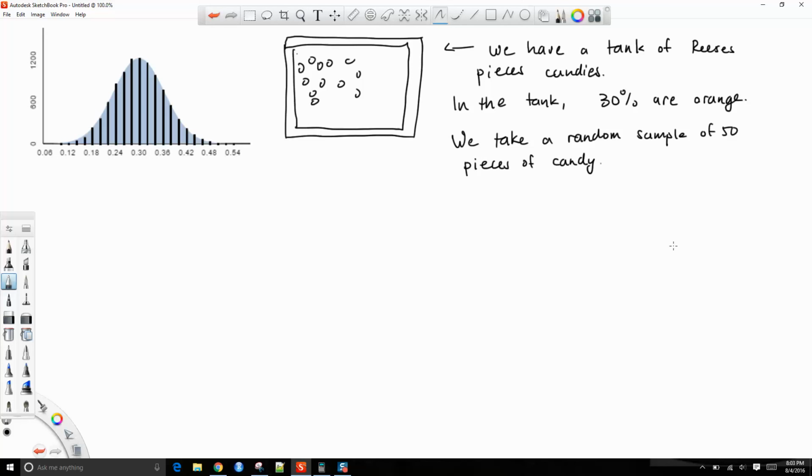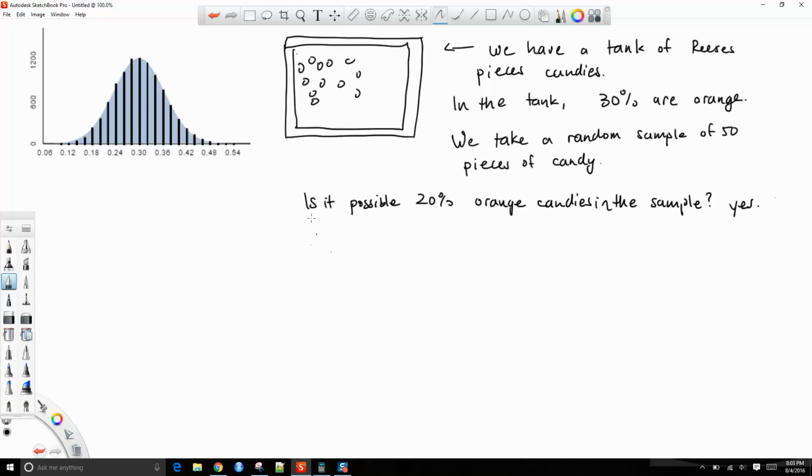Okay. So, if I take a random sample of candy, could I get just 20% orange pieces? Yeah. That means I only got 10 orange pieces in my sample, okay? So, is it possible to only get 20% orange candies in the sample? And the answer is yes, okay?